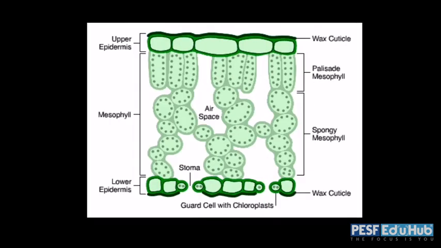This is the structure of the leaf. Again, the upper epidermis is covered by a waxy cuticle. It looks shiny in appearance. The leaf surface is shiny due to the presence of wax. Then this is the mesophyll, palisade mesophyll and spongy mesophyll, and the dotted structure is called a chloroplast. On the lower surface you can see stomata.